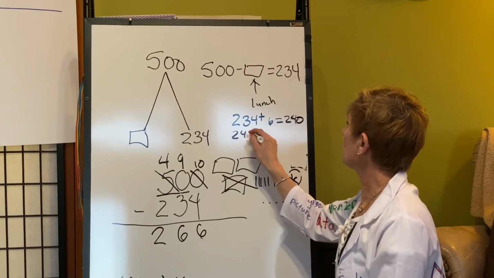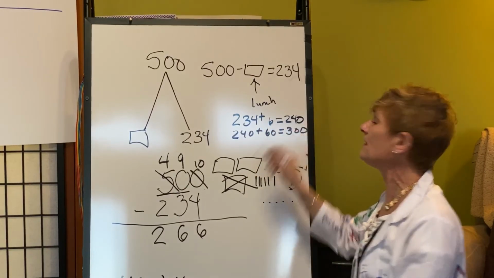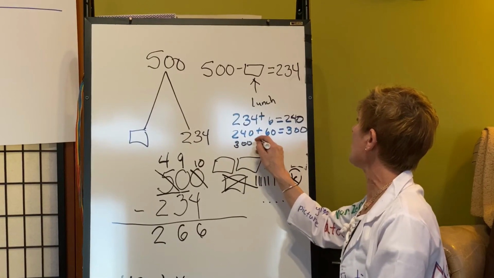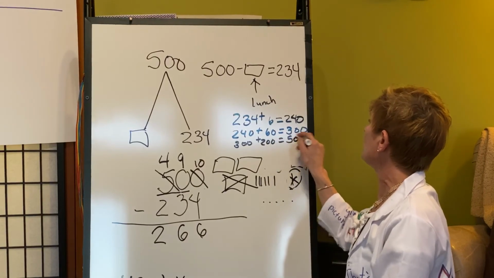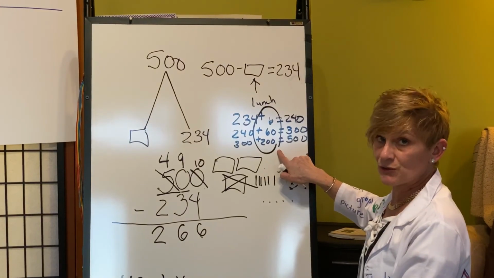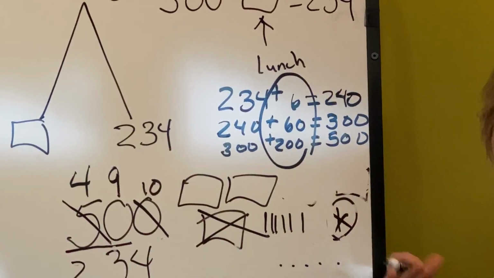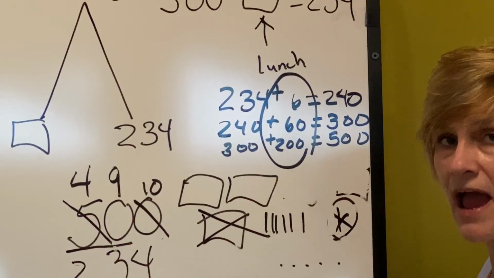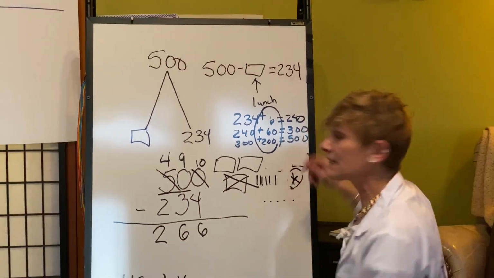And from 240, I would add another 60 to get me to 300, because I want to get to my next 100. And then from 300, I would have added 200, and that would have got me to 500. Altogether, I still added 266. So the add up method, that's fine too. Again, find that strategy that works for you. So friends, the last part of our time together, are you ready?